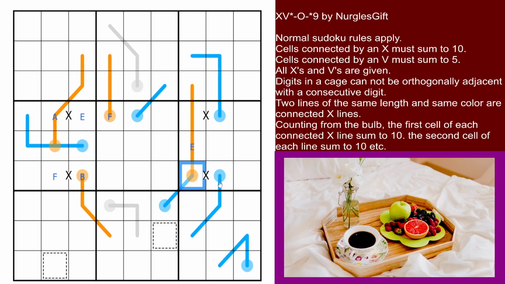So this could be C and this could be G. This is the other pair. If that is C, that means that is G, and if that is G, that means that is C.